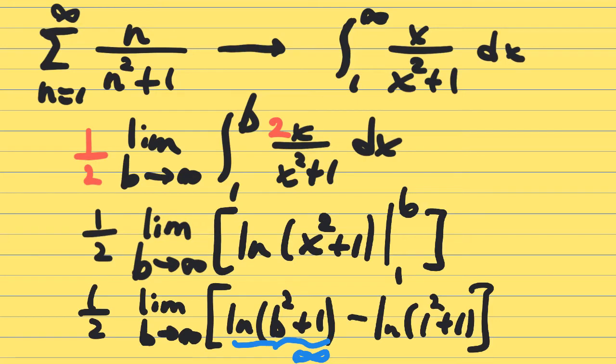It's super large. Natural log of something larger and larger, the answer keeps getting larger and larger. This last part at the end is natural log of 2. That's a finite value, but subtracting that little amount from infinity doesn't amount to anything.